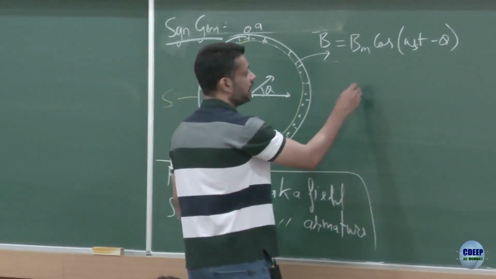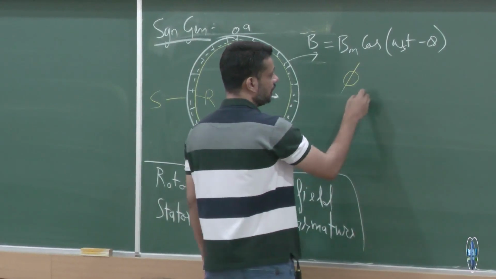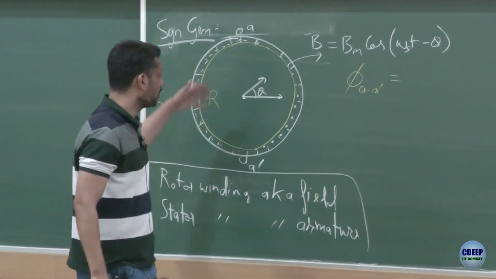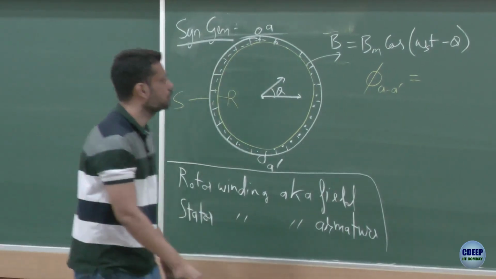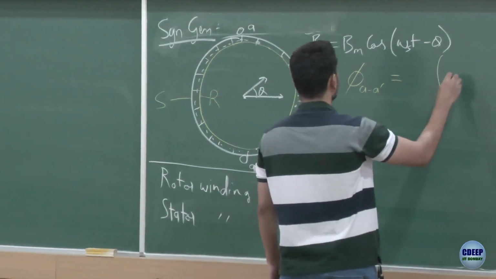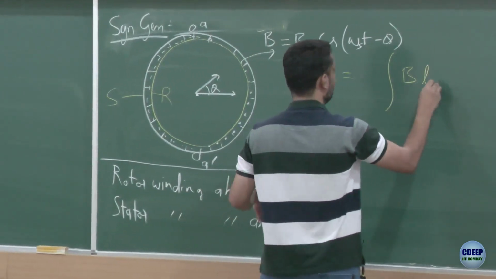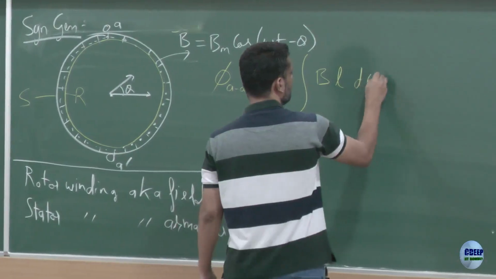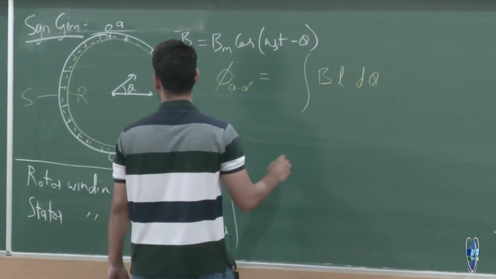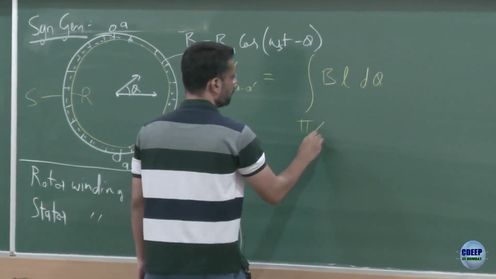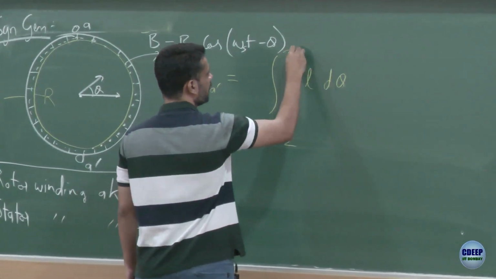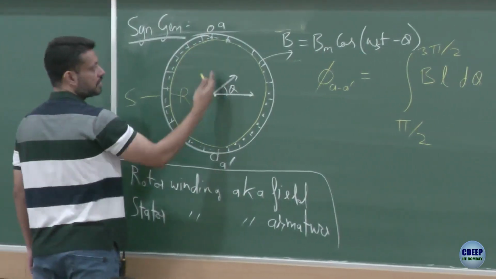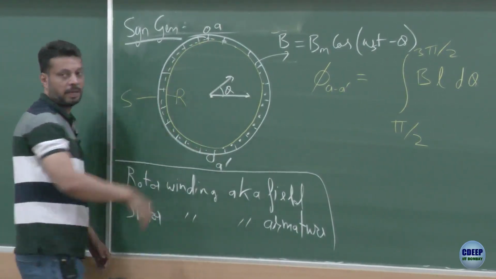So what is the total flux linking this AA prime? The total flux linking or crossing this plane is equal to the integral of B, L is the length of the motor, d theta, let us say theta going from pi by 2 to 3 pi by 2, where if this is 0, pi by 2 is this point.